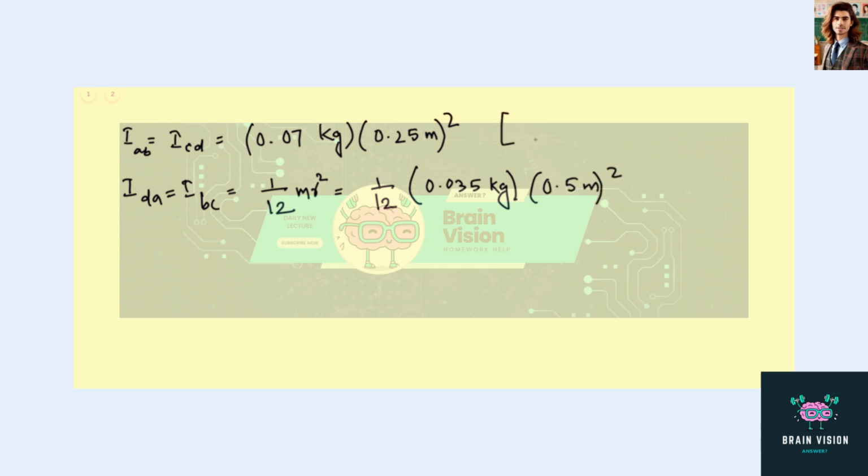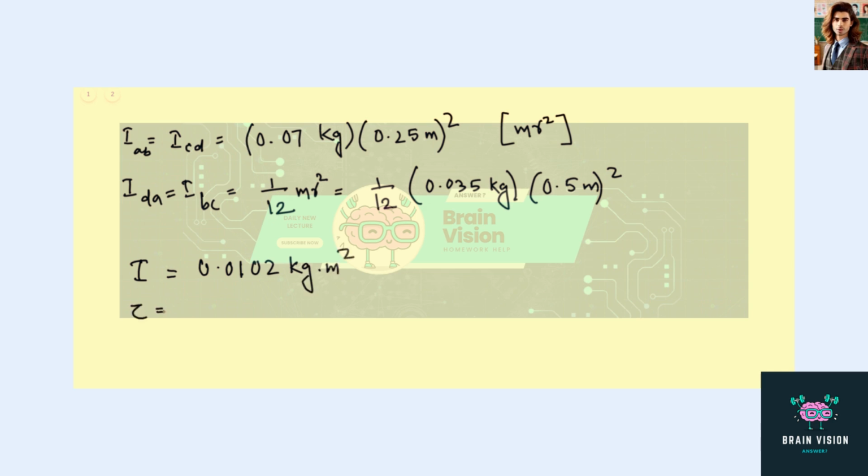And this is the moment of inertia of a point mass, which is mr square. The total moment of inertia will be a sum of all of these: 2 times this value plus 2 times this value, because these two are equal and these two are equal. This comes out to be 0.0102 kg times meter square.